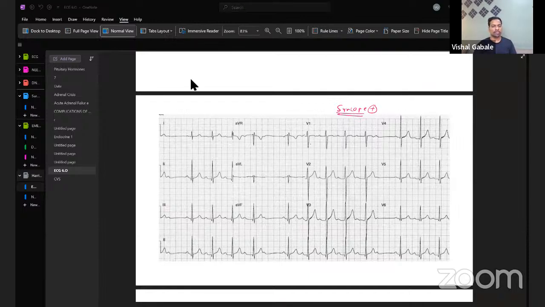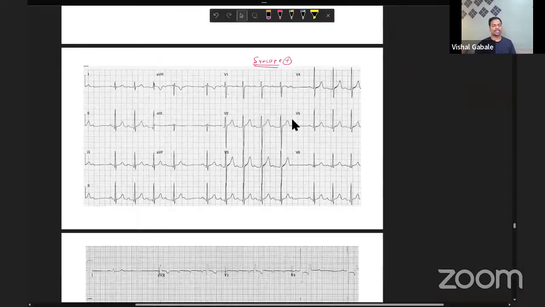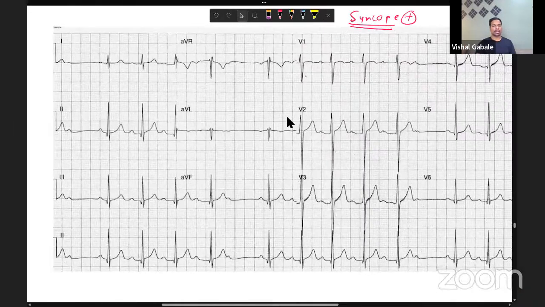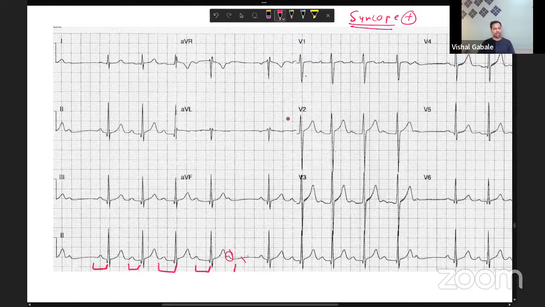Okay, somebody is saying Mobitz type 1, somebody is saying type 1, somebody is saying second degree heart block. So it's a Mobitz type 1, guys. Very well answered actually. As you can see, PR is prolonged, PR is prolonging, PR is prolonged, PR is again prolonging. And here, after this P wave, there is no QRS. Got it? So this is your Mobitz type 1.